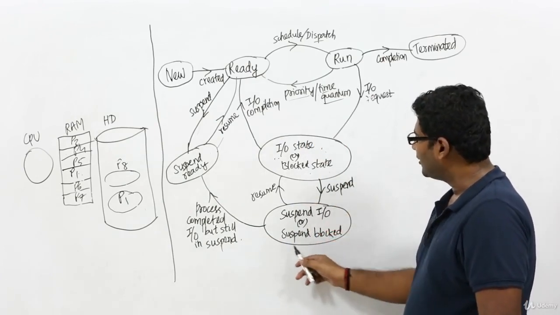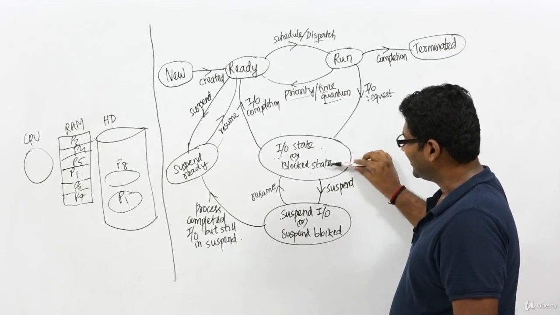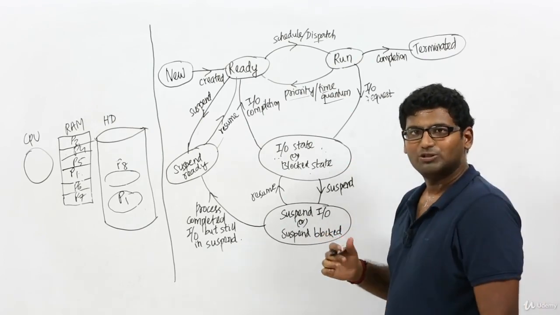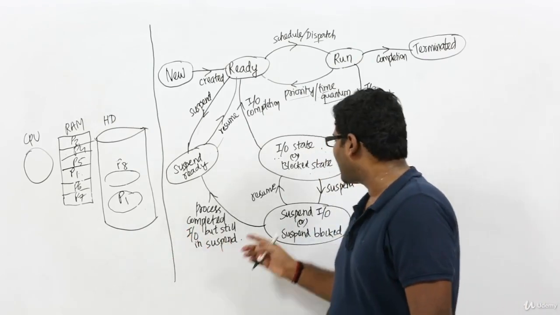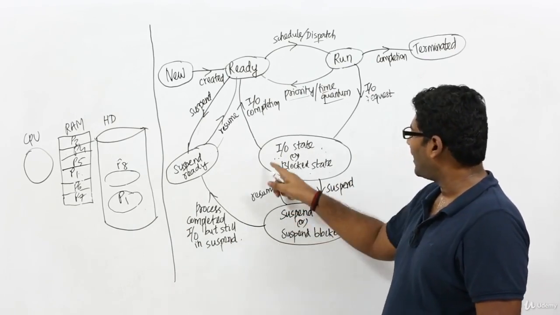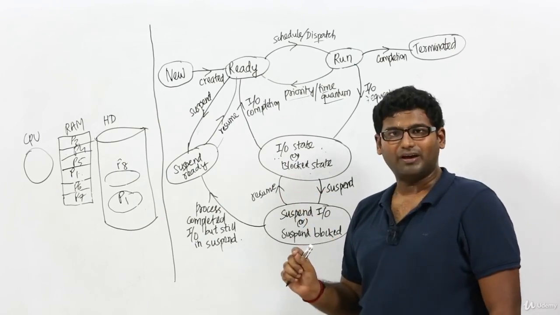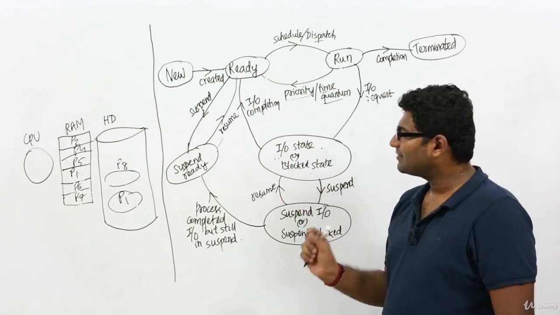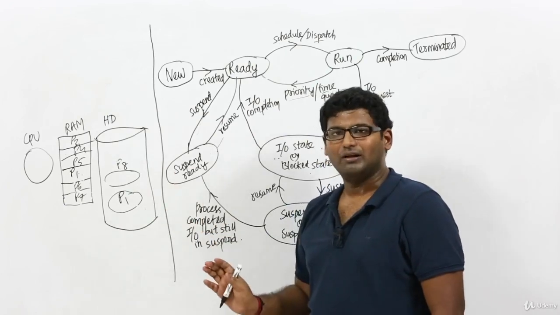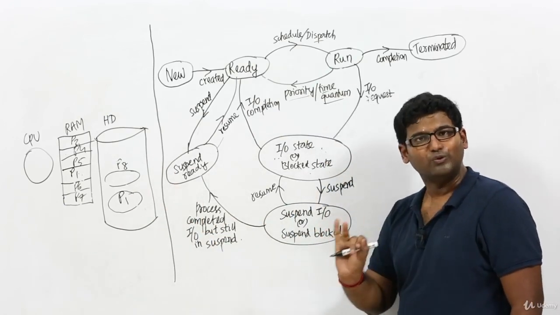Once the higher priority process leaves, which means once the space becomes free inside the RAM, we resume that process by placing it back in the IO state. Let us assume there is no space inside the RAM still, but this process has completed its IO. Actually, this process is doing two things right now.